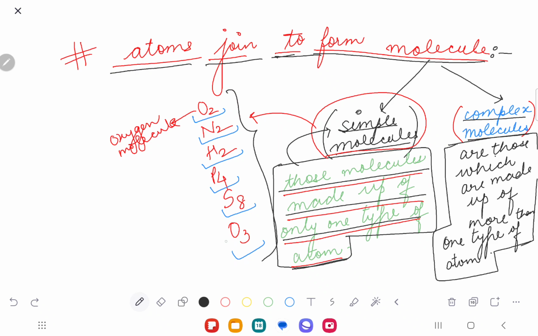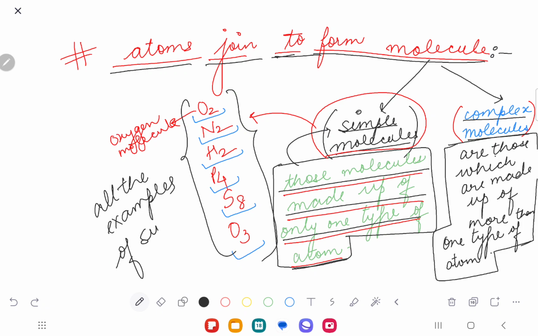So these are all examples of simple molecules. Do you understand? Any doubts in this?